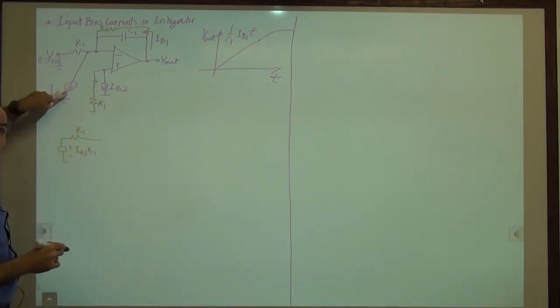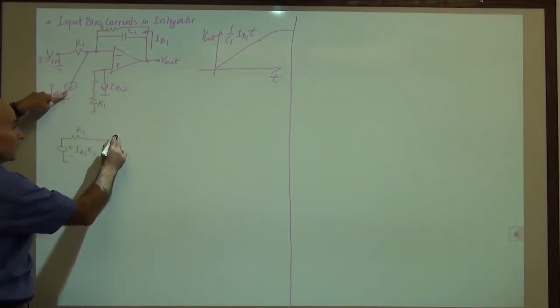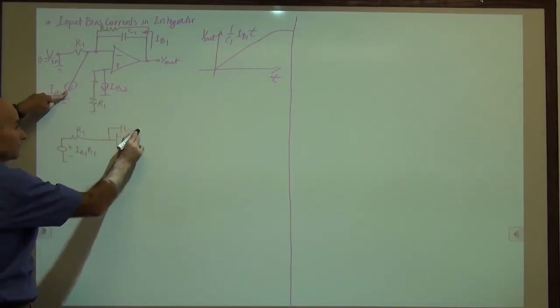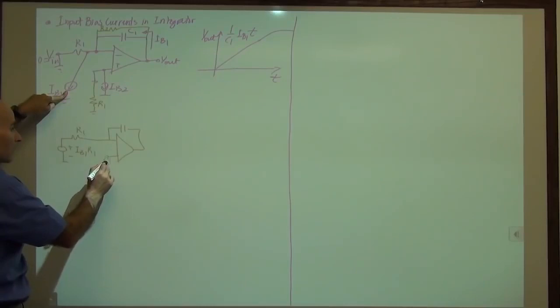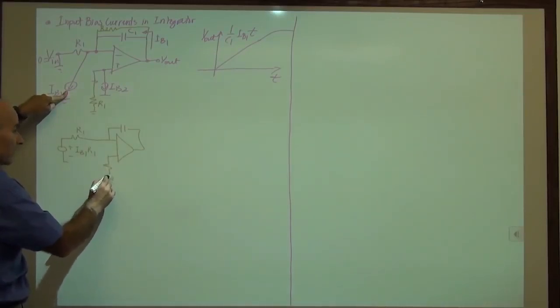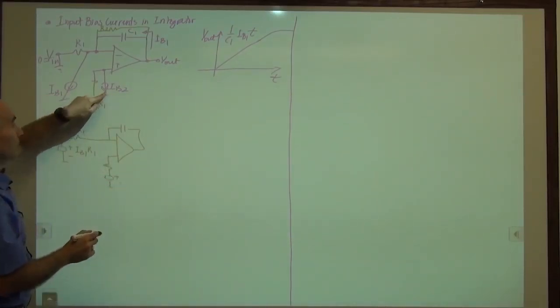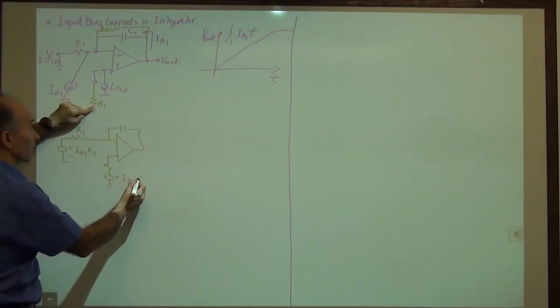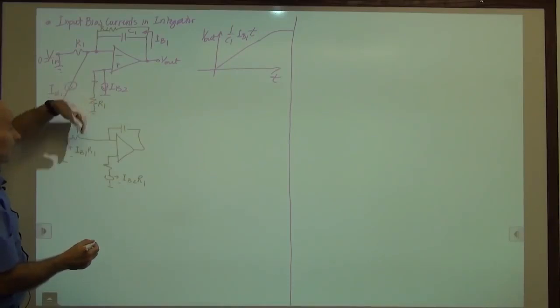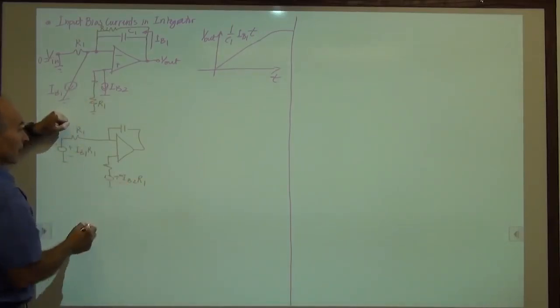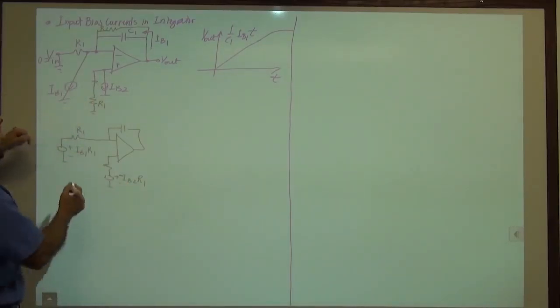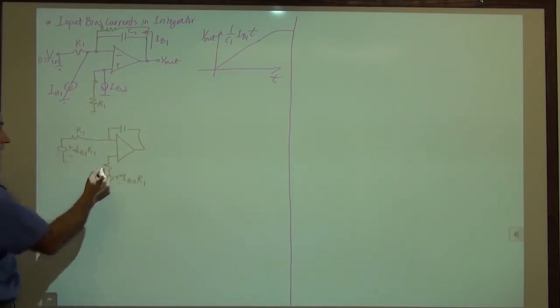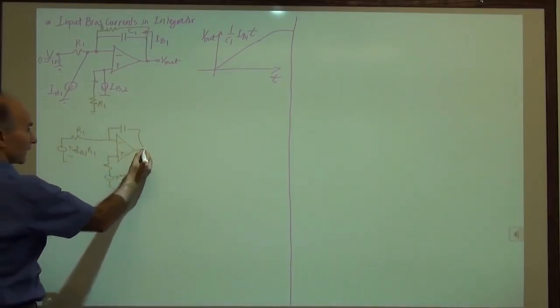That's for these two. And then this goes to the input of the op-amp. And then here I also have the same thing. I have IB2 times R1, but with a negative sign. And actually this is also negative. And then we have something like this.